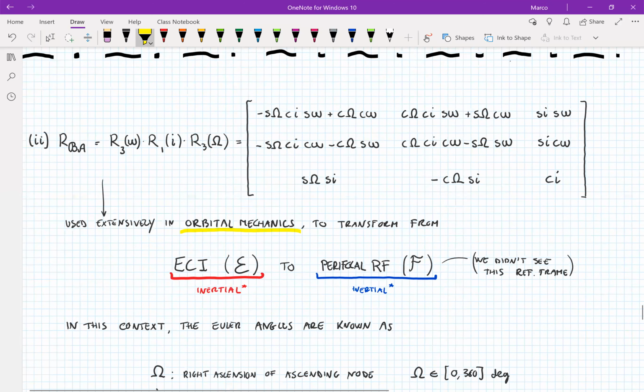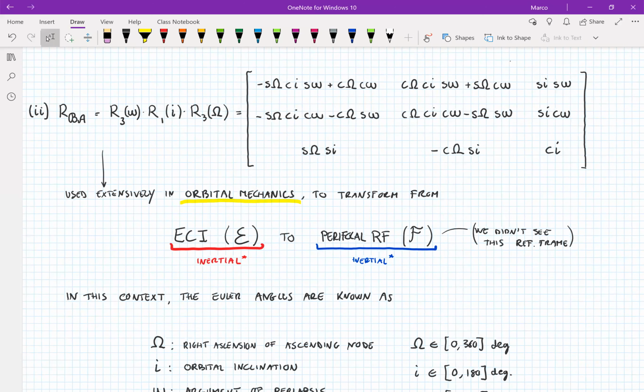The only thing that I want to tell you here is that the rotation matrix from one reference frame to another is constructed by using a different sequence of rotations. So now we have R3, R1, and R3. So our matrix is different from earlier, and I want you to go and compare the two.